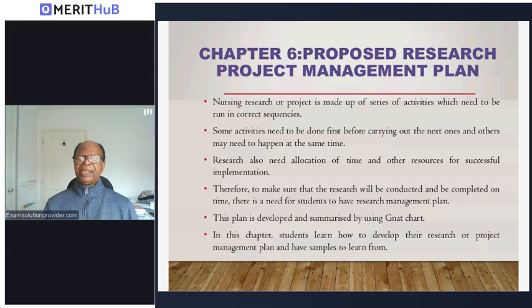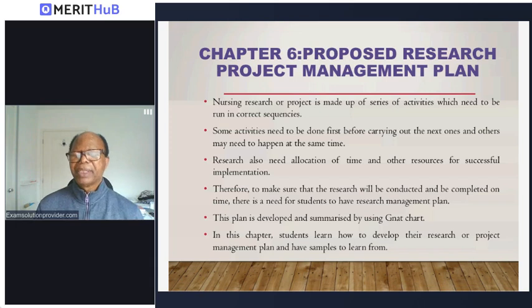Because there is this series of activities, they need to run in the correct sequence: what comes first, what comes second, what comes third. This can only be done properly if you are guided by your project management plan, or dissertation management plan, which you include in the proposal.